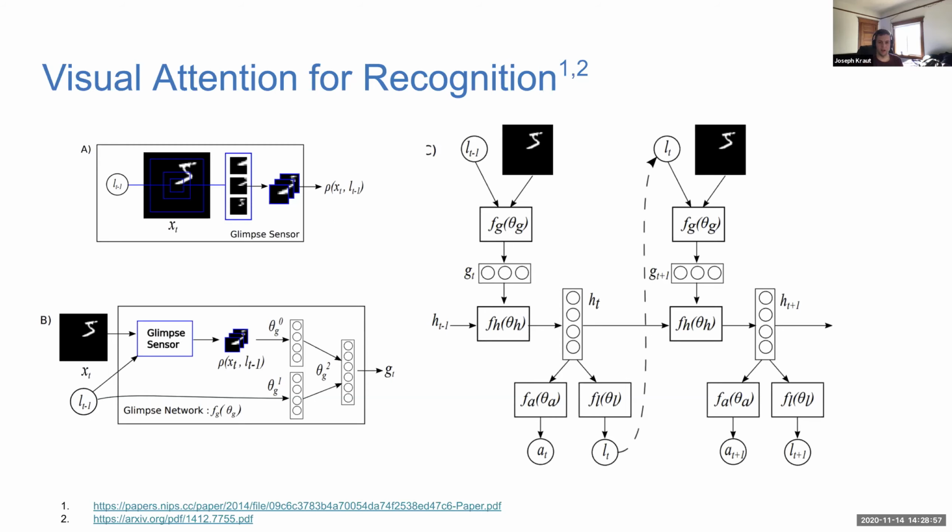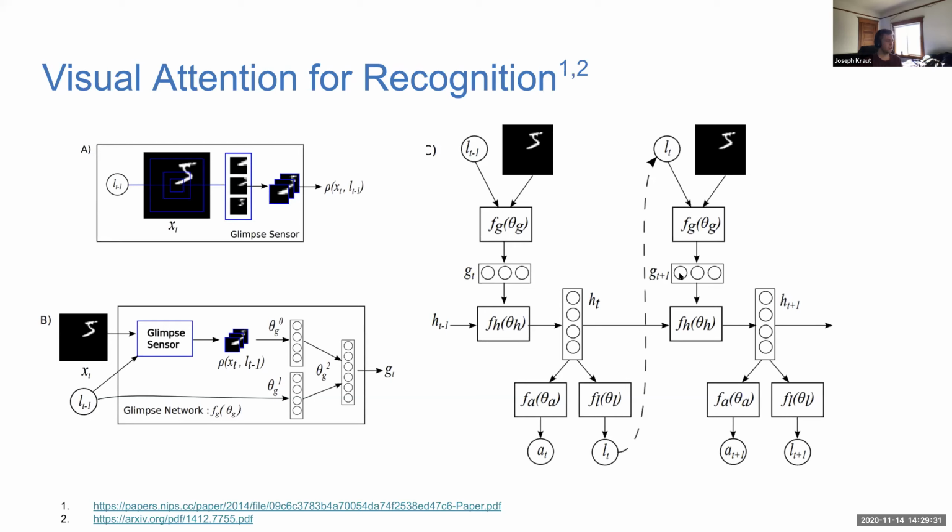Yeah, I actually don't remember. It's been a while since I read this paper, but I believe you can either, and the next slide discusses this a little bit, always start off in the middle, with the intuition being that most interesting things are in the middle of the image, and then have future glimpses move around from the middle, or you can do it random, or you can have some sort of network predict the initial place to start, which is what the model in the next slide does.